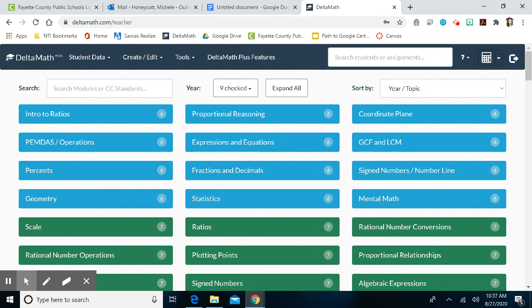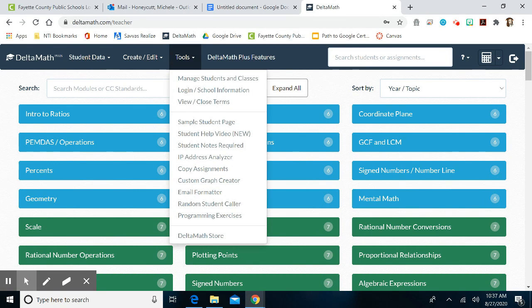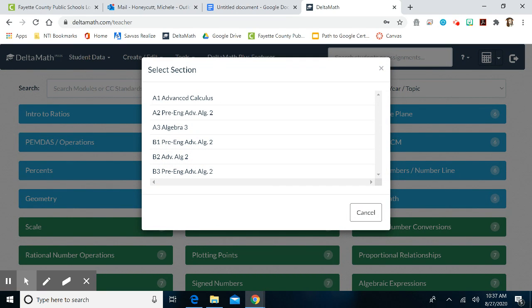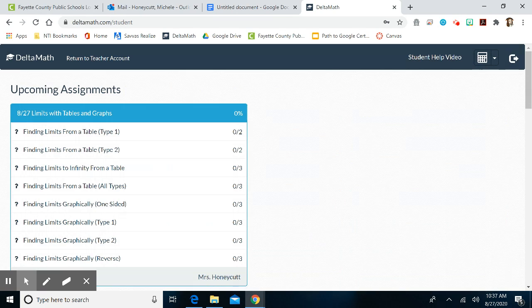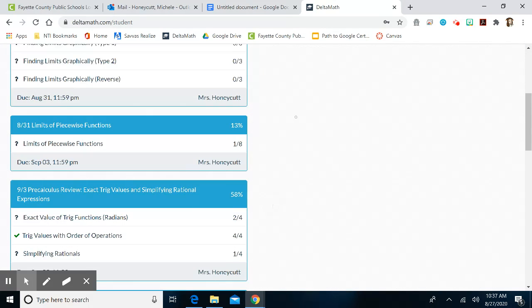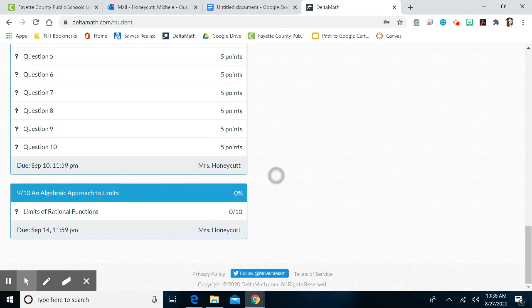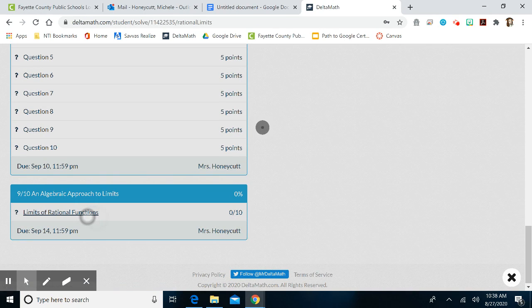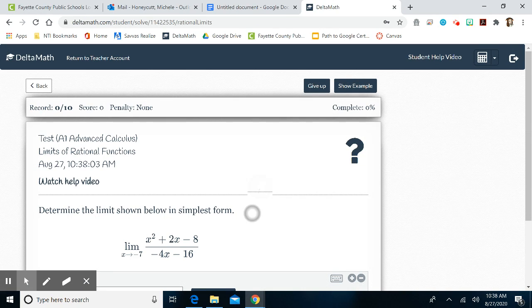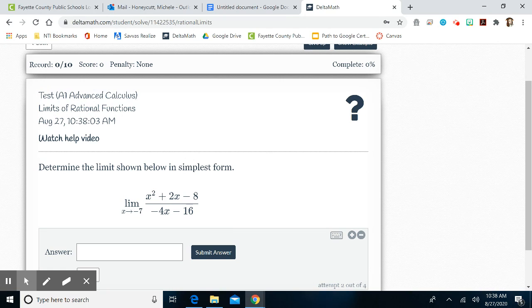So what you're going to need to be able to do is determine when you need to use what method. Notice that there is only one section, and so all the problems are going to be mixed together. So you're going to have to figure out what method do I use.